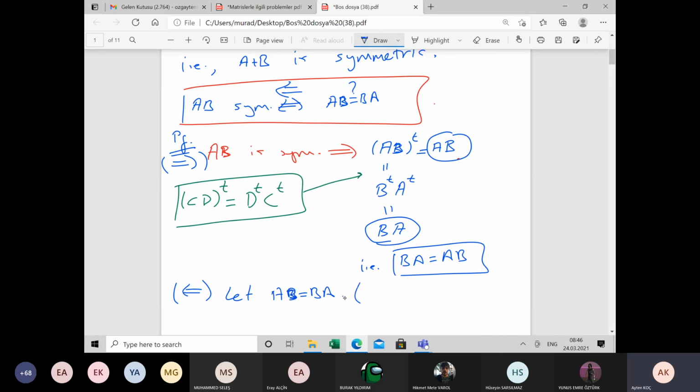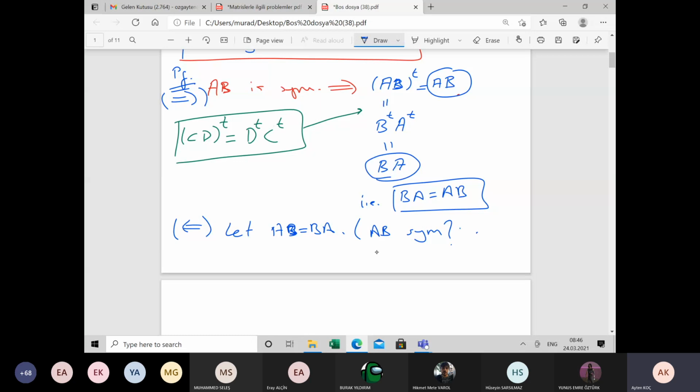Our aim here is to show that the matrix AB is symmetric or not, which means checking that the transpose of AB is equal to AB or not.